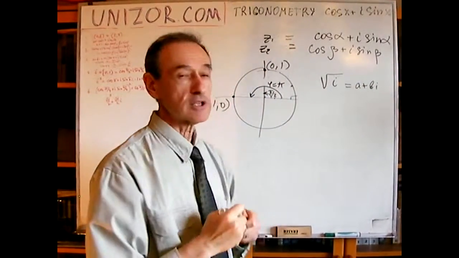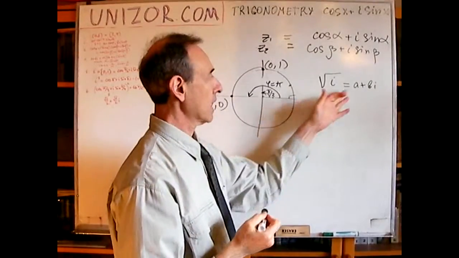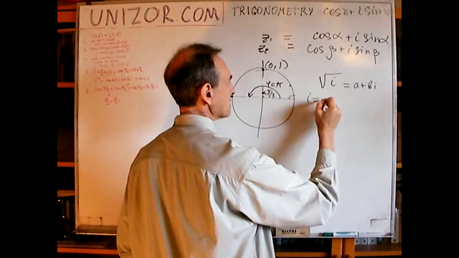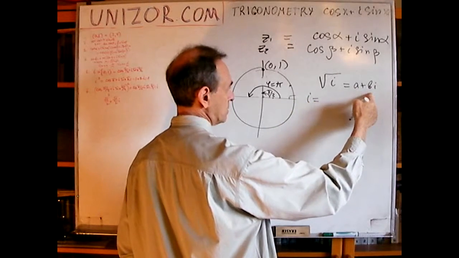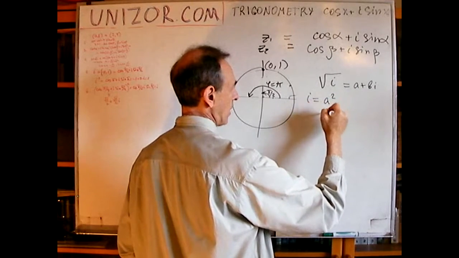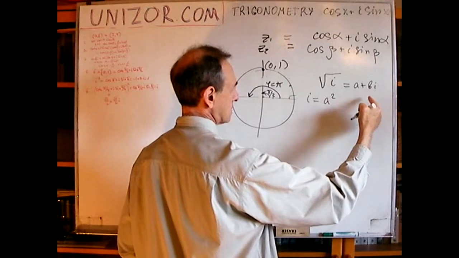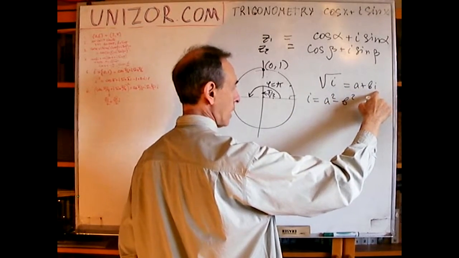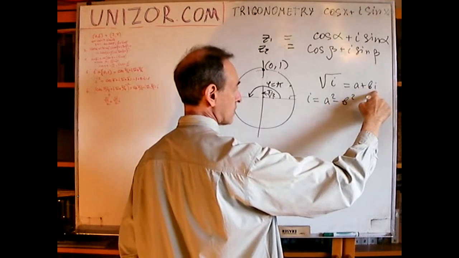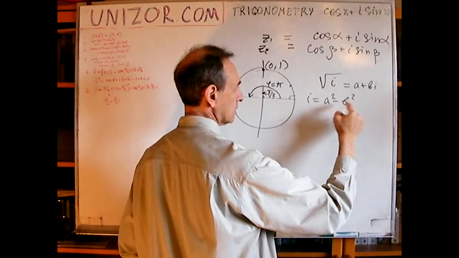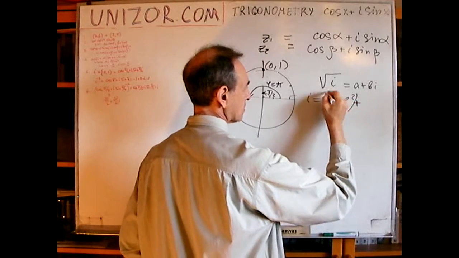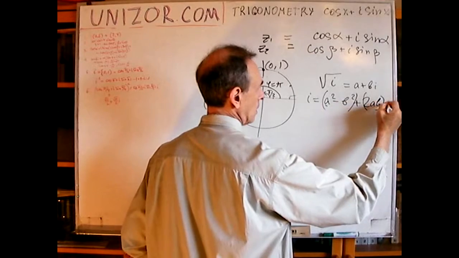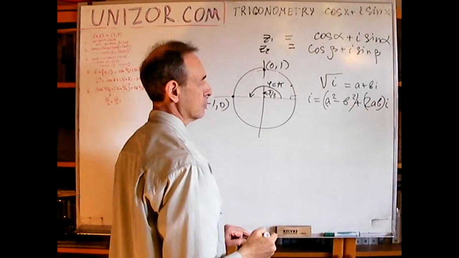Now, what did I do to find a and b? Well, I squared both sides. I got i is equal to (a plus bi) squared, which is a squared minus b squared, because bi squared would be b squared times i squared, which is minus 1. So this is the real part, plus 2abi, which is the imaginary part.